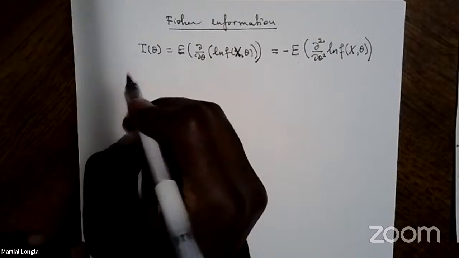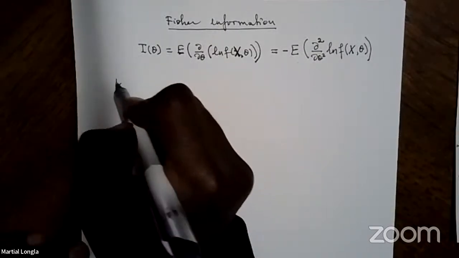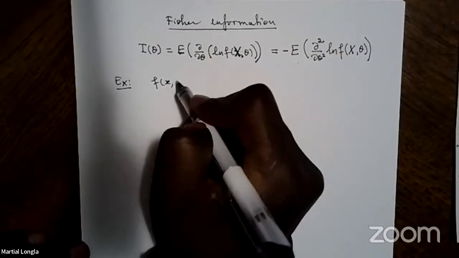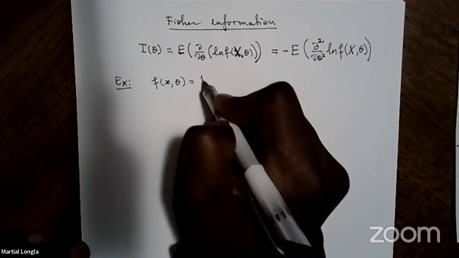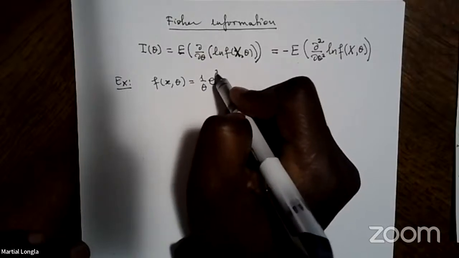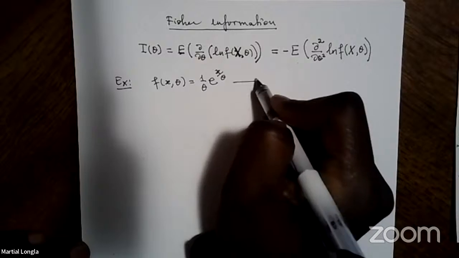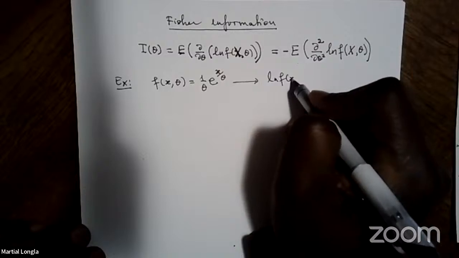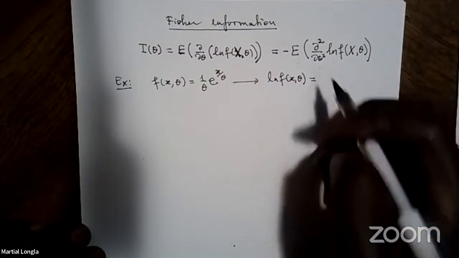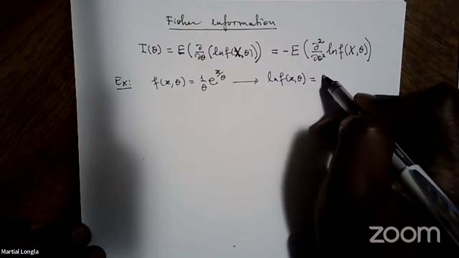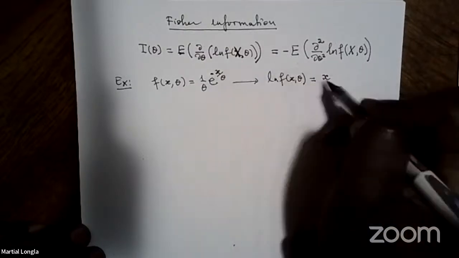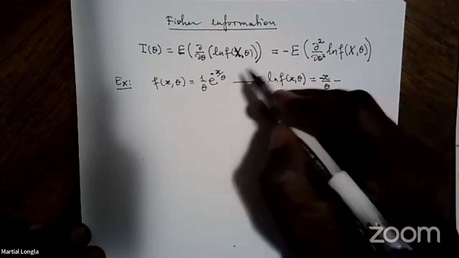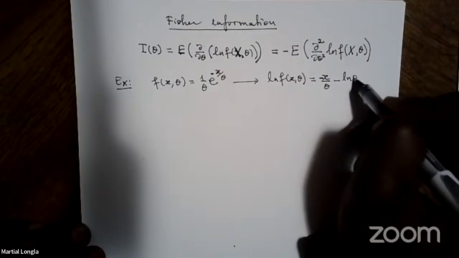Take this same example that we had, and f of x, theta equals 1 over theta e to the minus x over theta. So natural log of f of x, theta is minus x over theta minus natural log of theta.